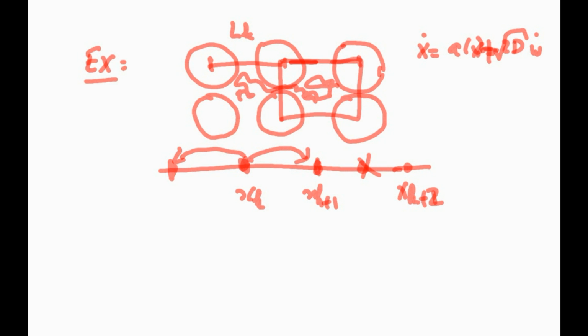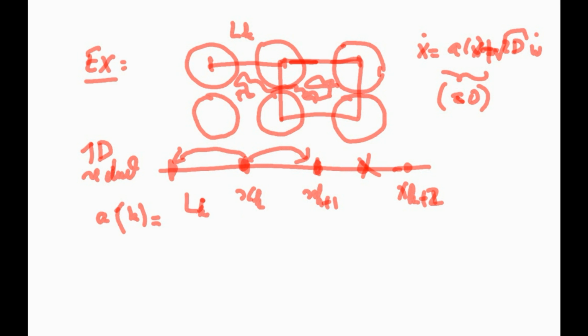Okay, so as an exercise, what is interesting to show is that if a of x is 0, then the process associated to this 1D reduction is actually a process where there is a drift, and the drift A, that depends on k, can be written as Lk divided by 2 times k right.